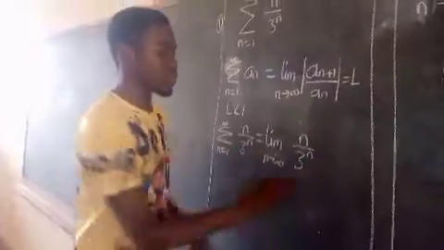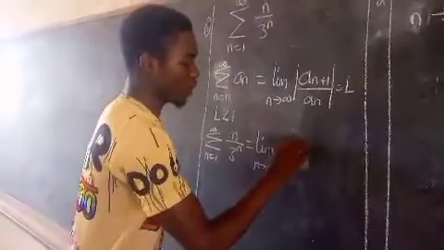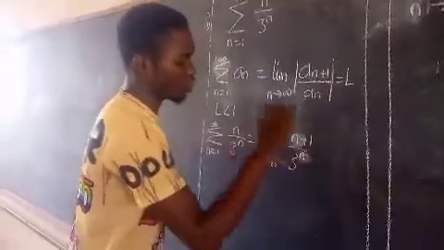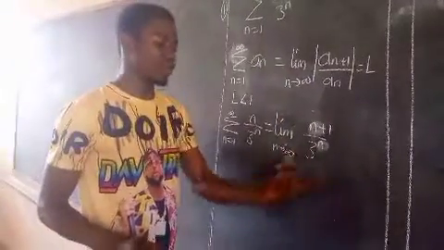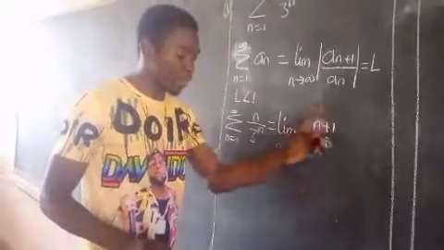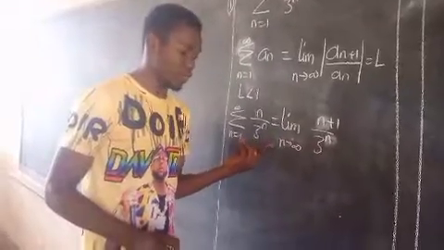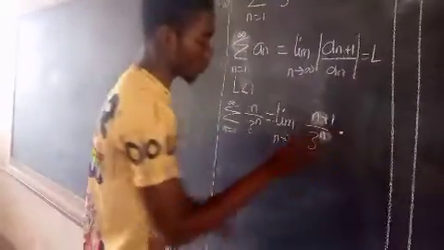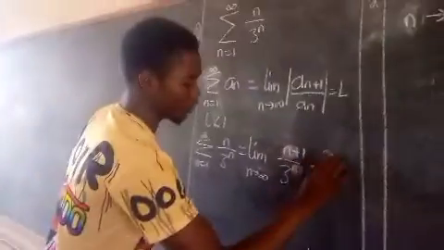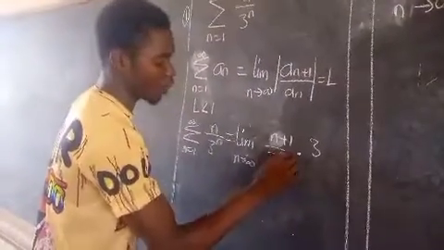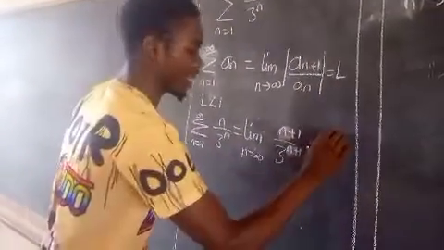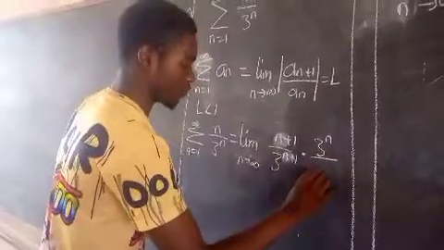So a_(n+1) is going to be n plus 1, all over 3 raised to the power n plus 1. We are going to divide this by the original term a_n, so we are just going to multiply by the reciprocal. So we have 3 raised to the power n, all over n.